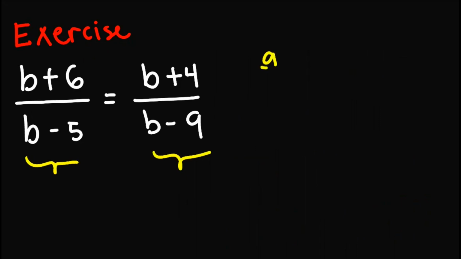If we have, say, a over b plus c over d equals e over f, it's not really easy to apply the cross multiplication immediately if we have two rational expressions out here, or two rational terms.